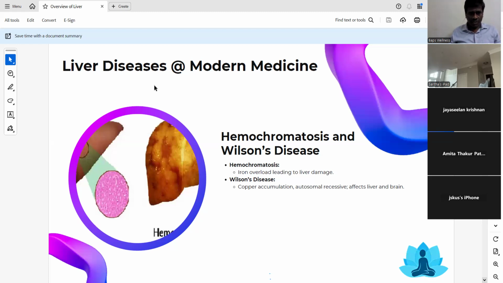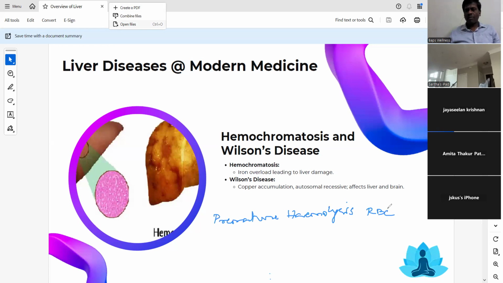Premature hemolysis is destruction of RBCs by the spleen.